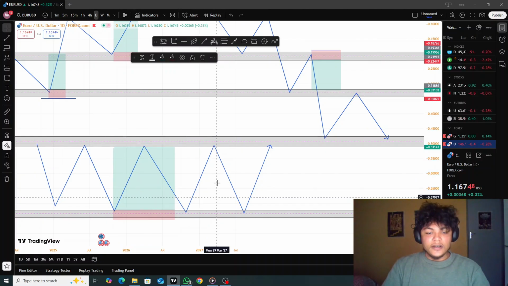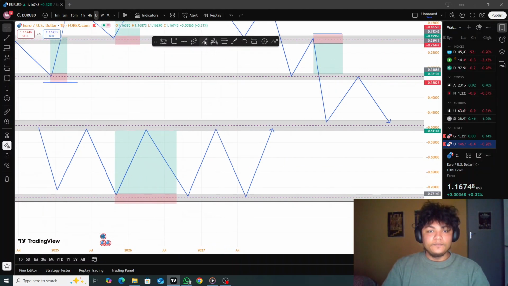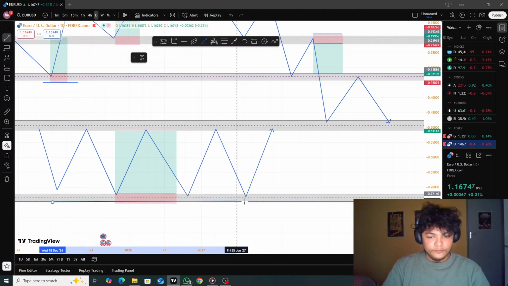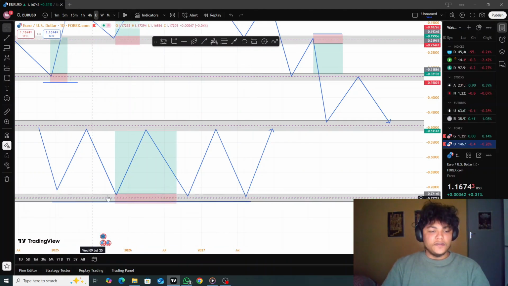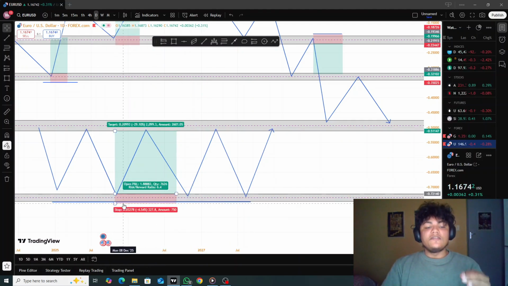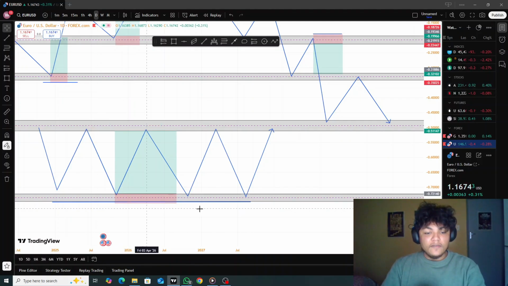Okay, so here at this level, right here, because there's four touches and 4 upward moves, there's more liquidity at this level here.